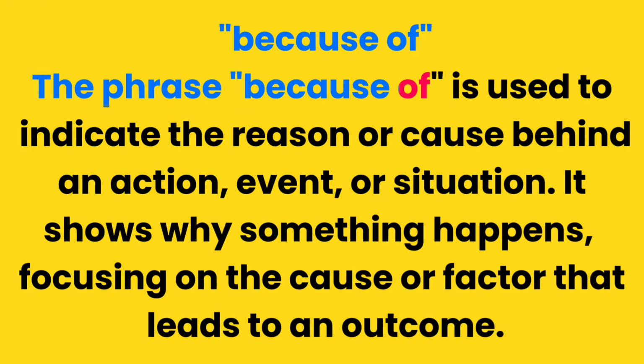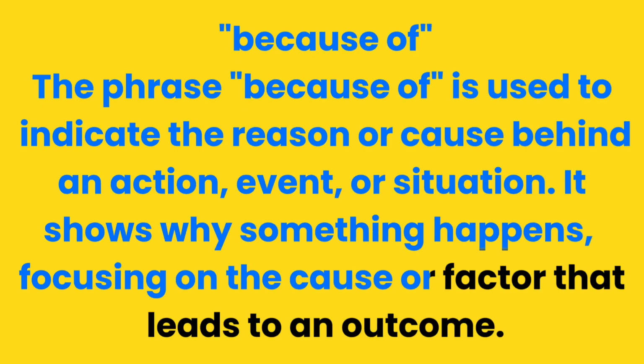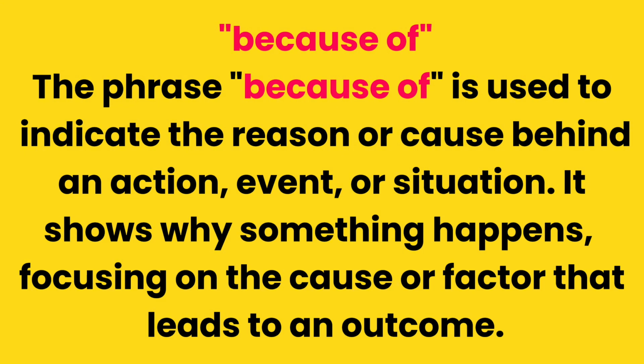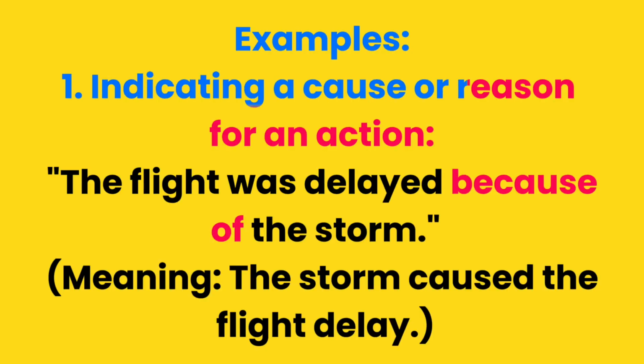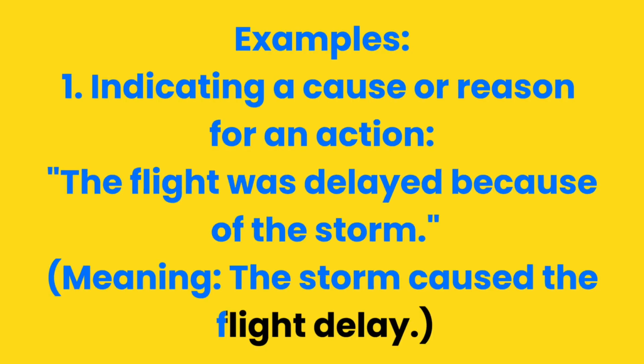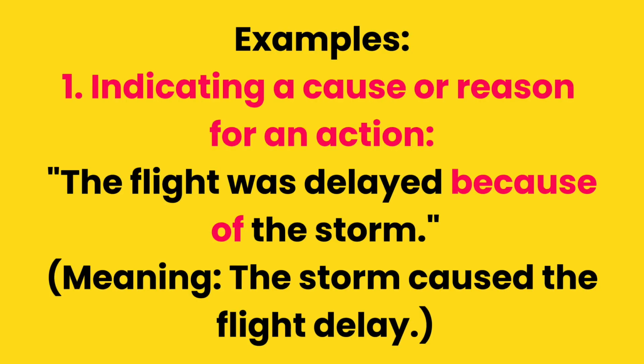Because of. The phrase because of is used to indicate the reason or cause behind an action, event, or situation. It shows why something happens, focusing on the cause or factor that leads to an outcome. Examples. 1. Indicating a cause or reason for an action. The flight was delayed because of the storm, meaning the storm caused the flight delay. 2.